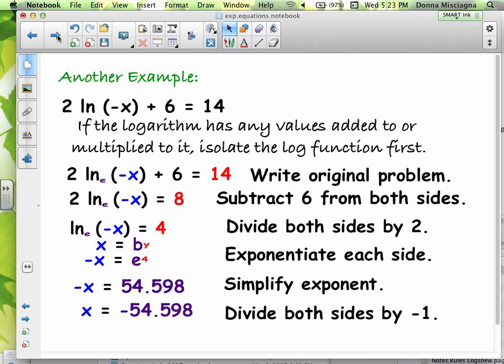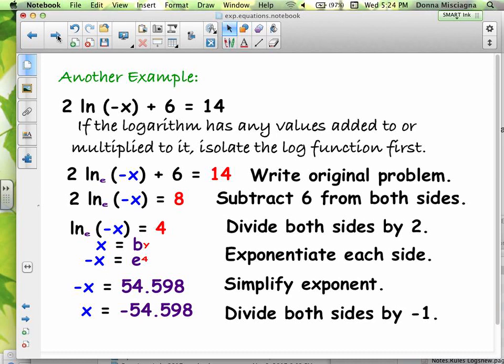Now I rewrite that as an exponential. My base is in purple, it's the e. The power is in red, that's our answer. And then the result is in blue. So e to the 4th equals negative x. And now it's a calculator problem. Raise e to the 4th power. I just went to 3 decimal places and divide by negative 1 to solve for x.